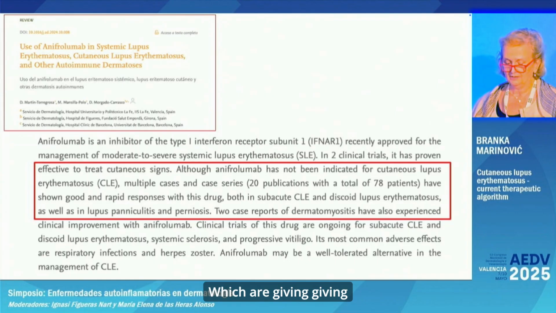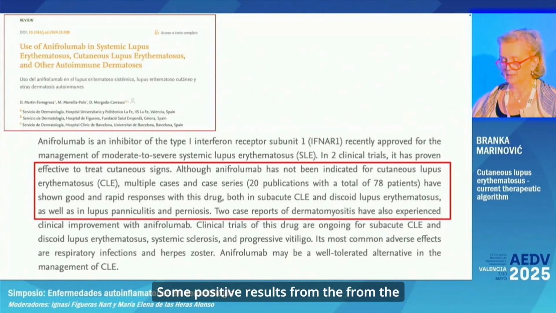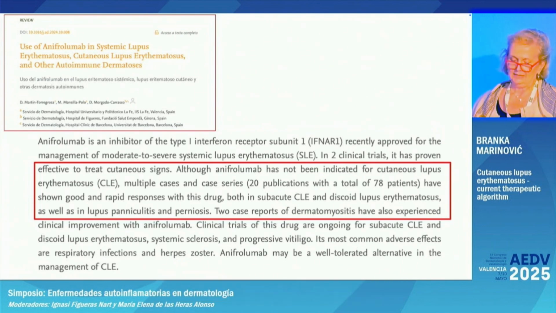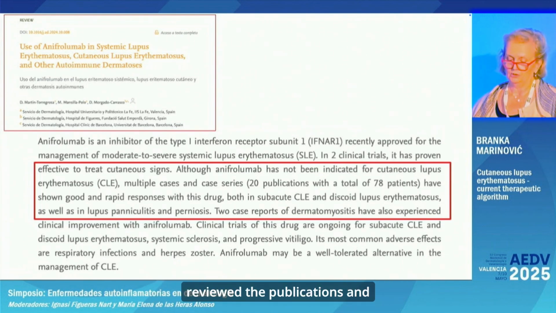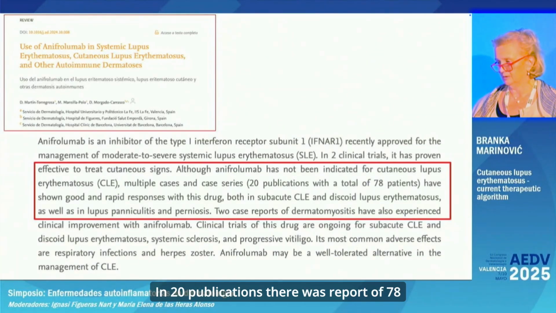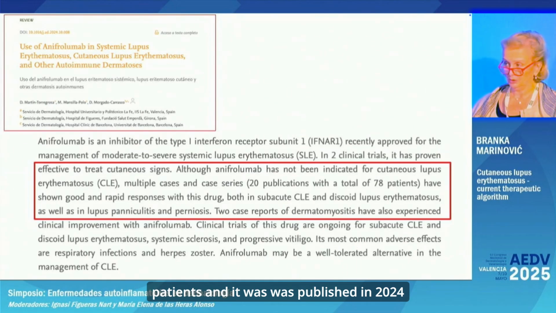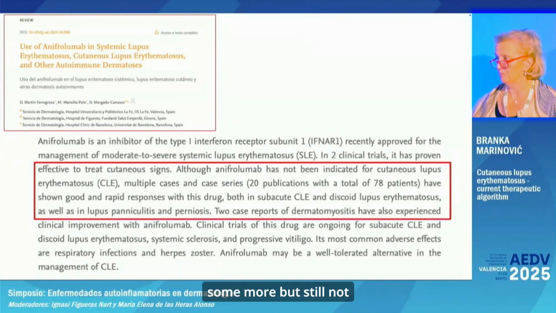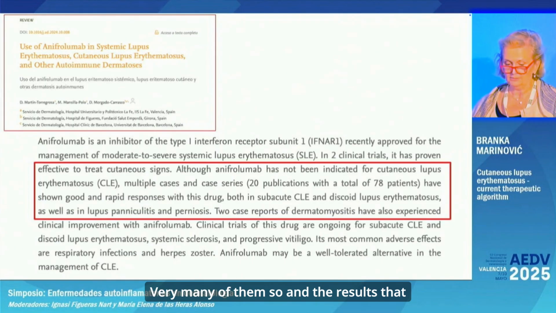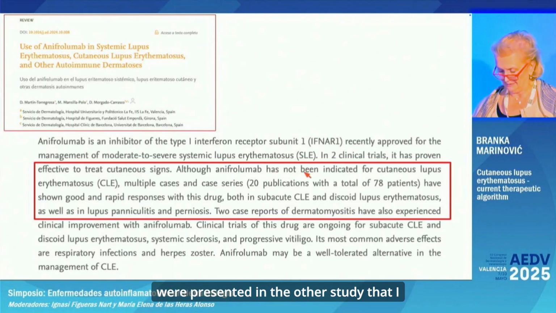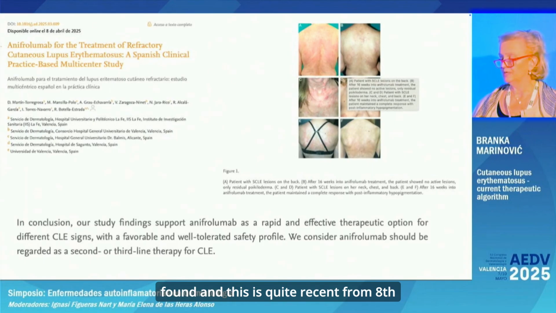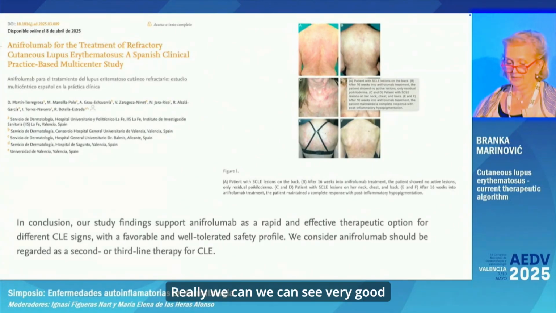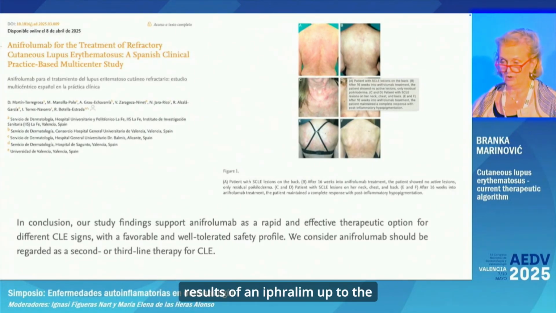They give some positive results: one is a review of the publications, and in 20 publications there was a report of 78 patients, published in 2024. Till now there are some more, but still not very many. The other study that I found, quite recent, from the 8th of April, really shows very good results of anifrolumab on the cutaneous lesions of lupus erythematosus.